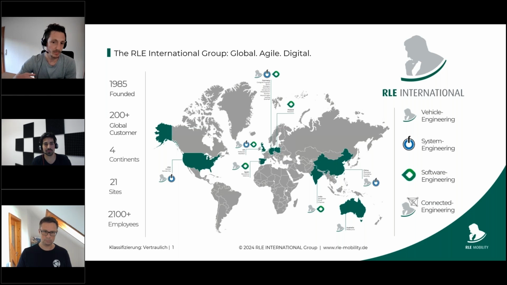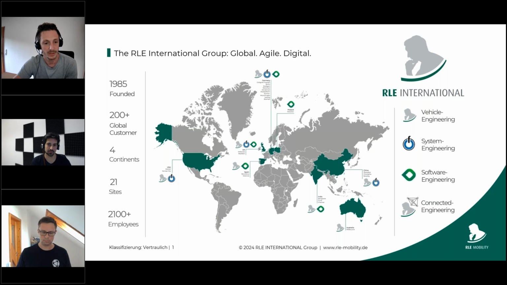Talking about RLE, we are an engineering service provider with around 2,100 employees worldwide. Our locations are related to the huge OEMs, meaning we have offices always close to the OEMs.